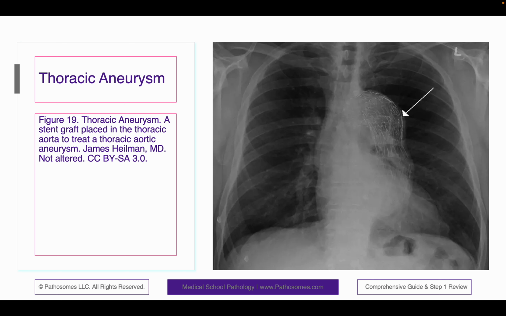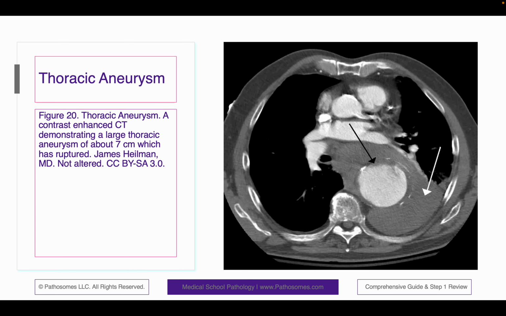Here we have a stent graft placed in the thoracic aorta to treat a thoracic aortic aneurysm. Lucky them. And here we have a contrast enhanced CT showcasing a large thoracic aneurysm. Can you see that?